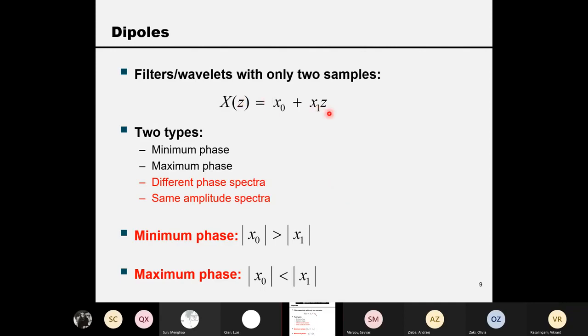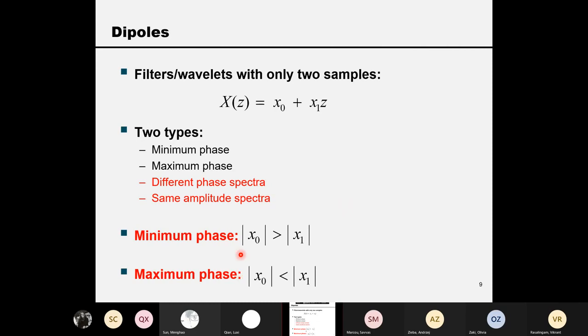Based on the magnitude of the two samples, or power of the two samples, where power means the square of each sample, or energy: if the magnitude of x0 is larger than the magnitude of x1, this filter we call the minimum phase filter.